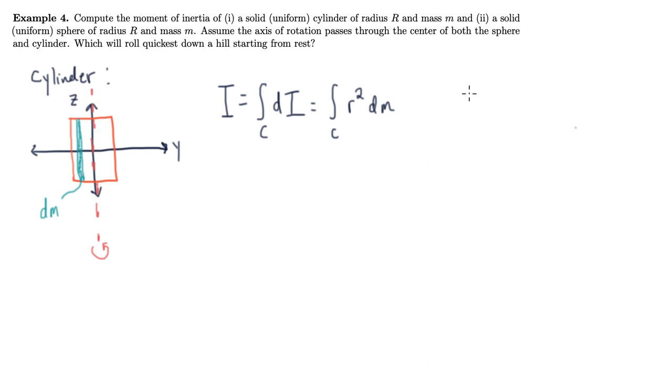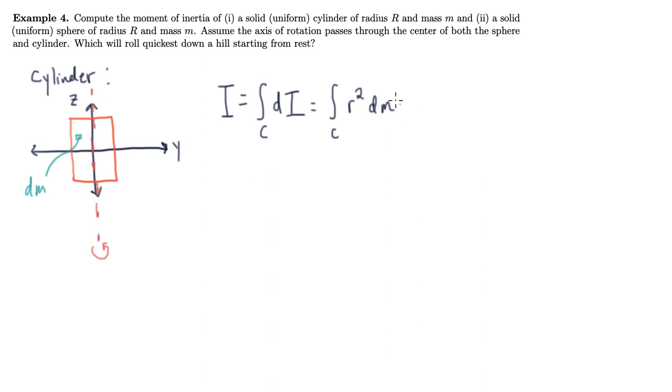for the entire cylinder. Or actually, maybe just to make it a little bit clearer, I'm just going to take a little mass element like this. I realize I was actually skipping a step by doing that, so let me not skip a step, just to show you exactly what's going on.